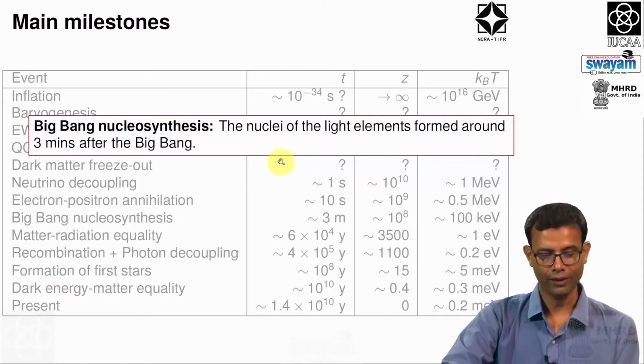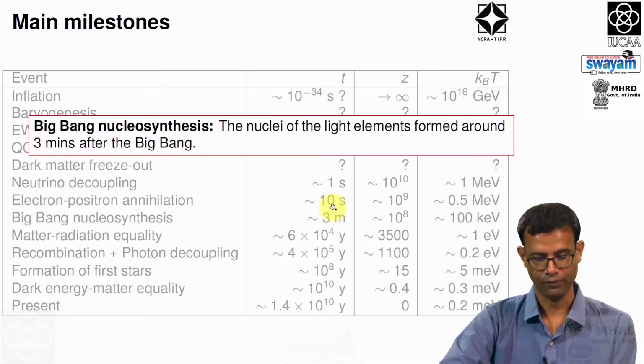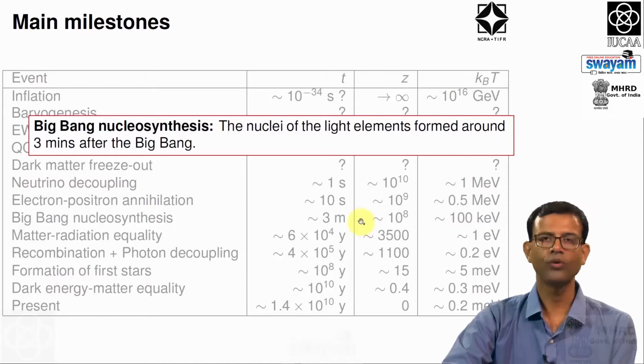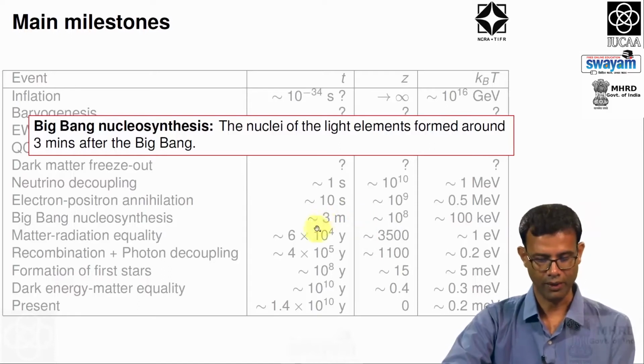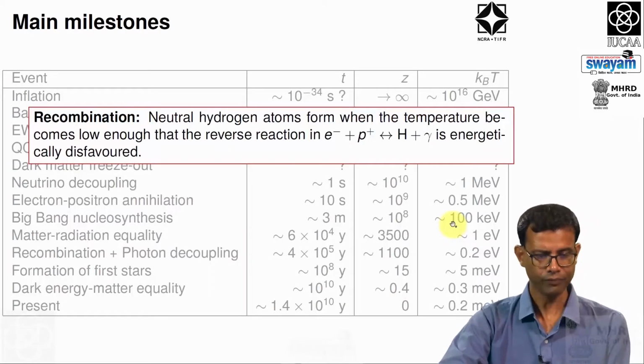So, you have to wait till 3 minutes after the Big Bang till this nucleosynthesis happens. This is the time the first nuclei in our universe form. Again remember the time, this is roughly 3 minutes, a few hundred seconds after the Big Bang. The energy scale we are talking about is a few hundred keV, these are sub MeV scales.